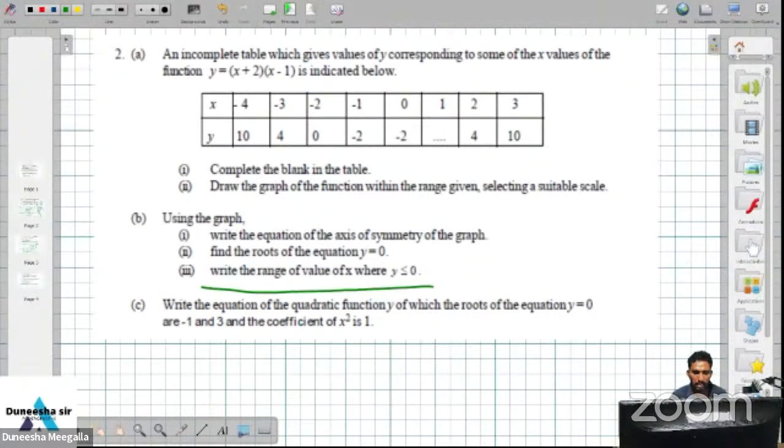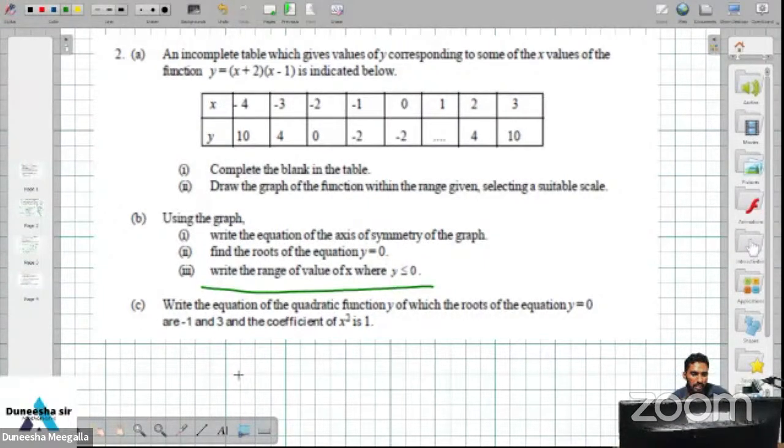Then the last C part, asking what? Can you get the answer? Write the equation of the quadratic function y, of which the roots of the equation y equals 0 are -1 and 3, and the coefficient of x square is equal to 1.